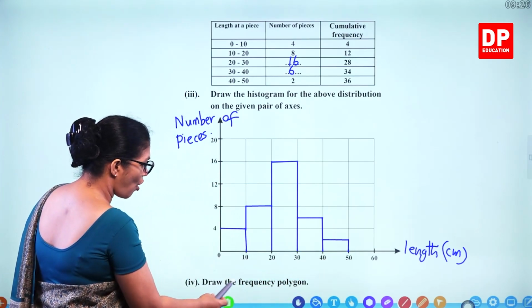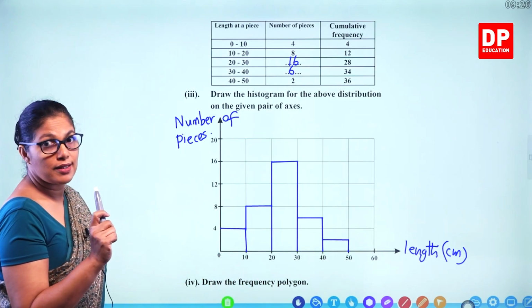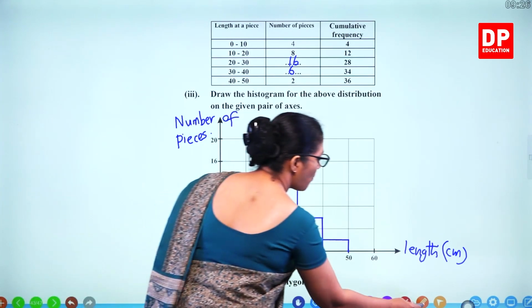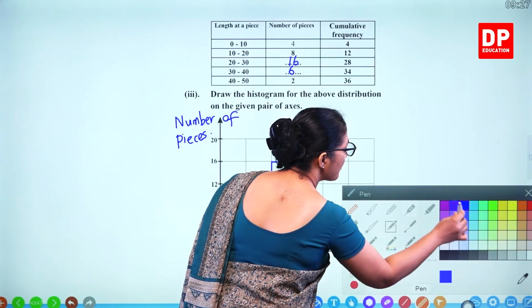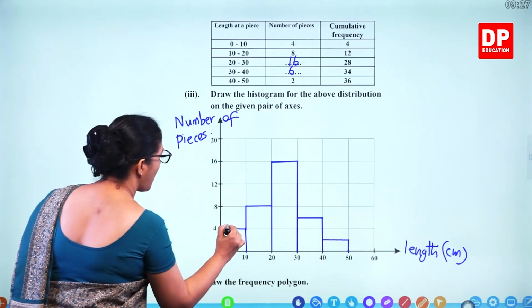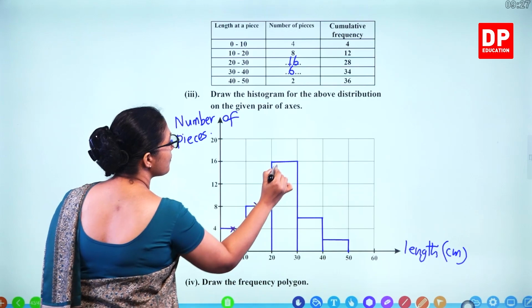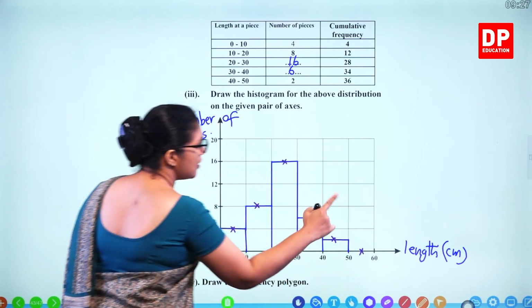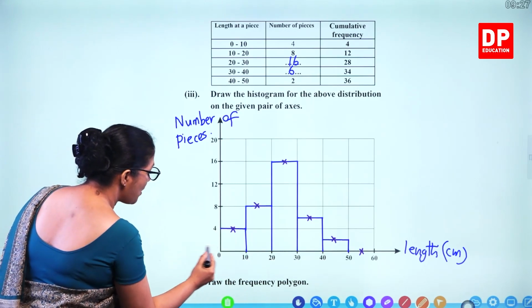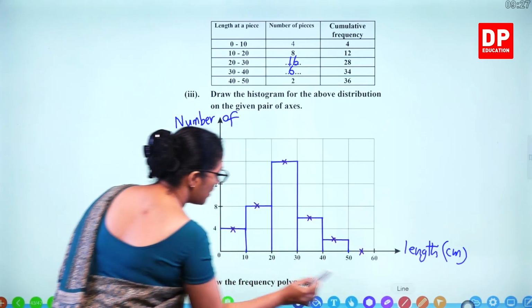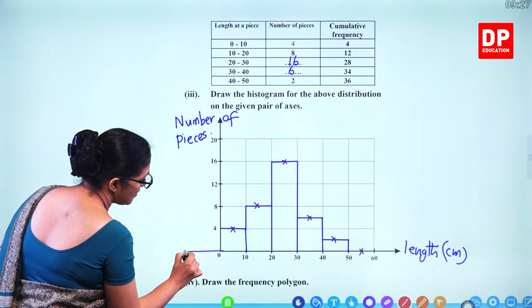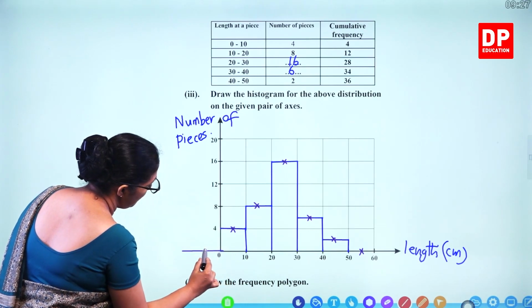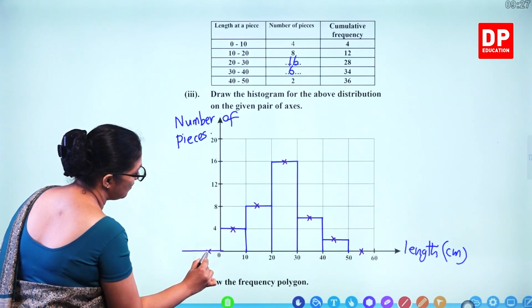And then it says draw the frequency polygon. How you draw the frequency polygon? You mark the midpoints of each bar. And you have to mark the midpoint of the next one and the previous one. So we'll first extend this line, and here mid value, we'll mark it here.